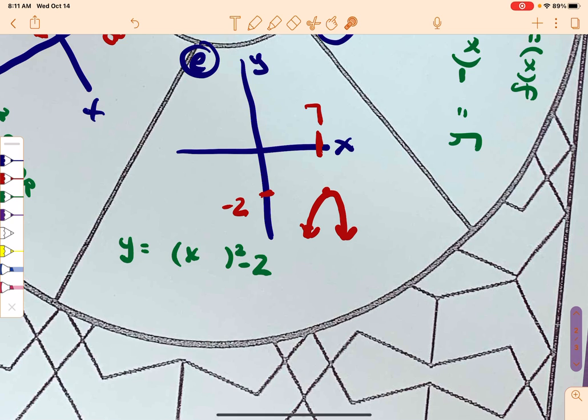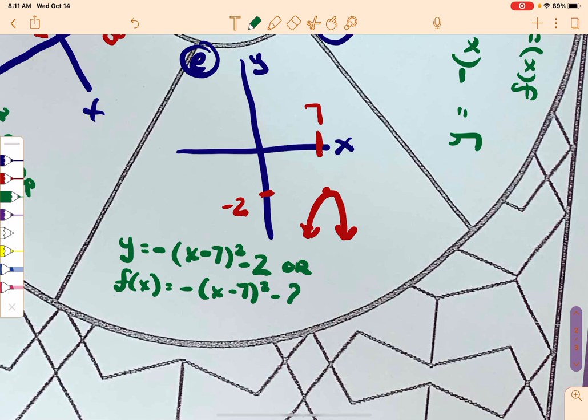That's positive 7, it's the opposite in here. So negative 7 makes me think minus 7. And because it opens down, I'm going to put a negative in the front. So it could be that. Or it could be this. Okay, now you've got 3 videos of this, so make sure you go over these. And make sure you're good with the discussion and how to be able to describe them and sketch them.